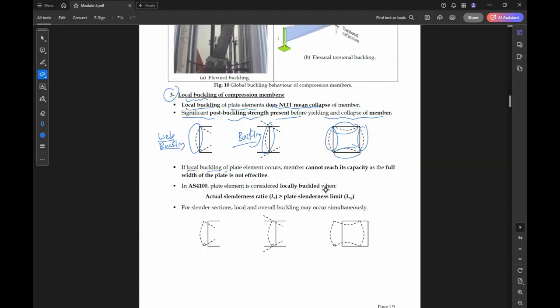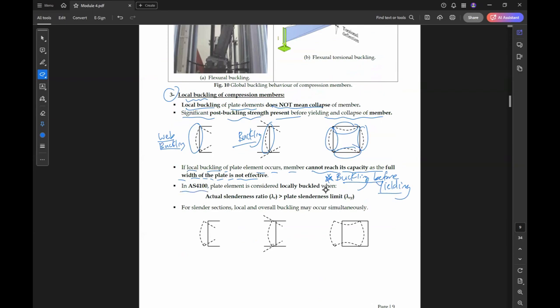If local buckling of the plate occurs, the member cannot reach its capacity, as the full width of the plate is not effective. So buckling causes the member to fail before yielding. If the member buckles, it will not reach yielding because the member loses its strength.